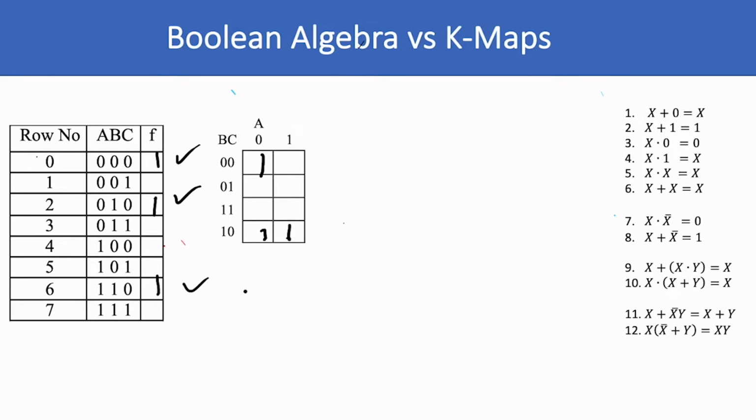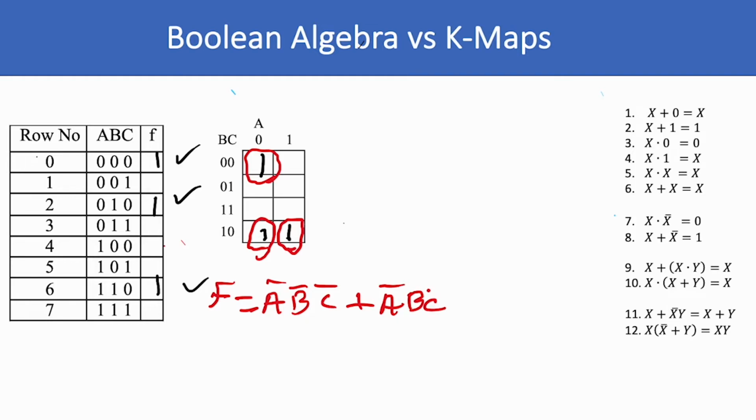Okay, so let's use Boolean algebra to reduce this. We're going to take the three standard product terms, as we discussed earlier, and it's going to be equal to a bar, b bar, c bar, plus a bar, b, c bar, plus a, b, c bar.